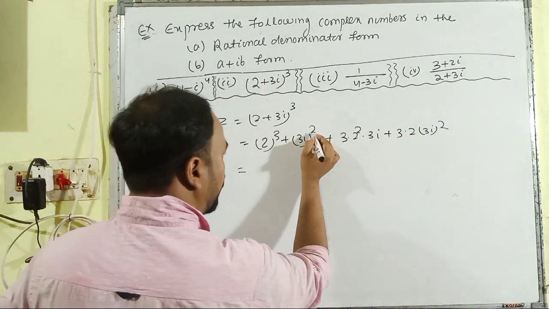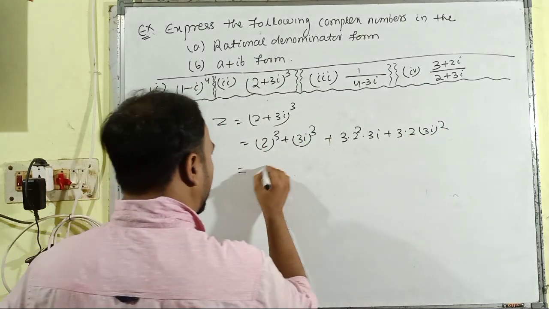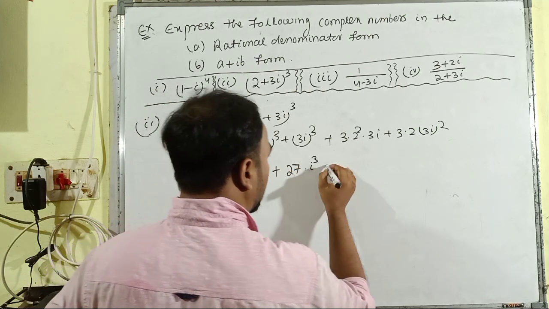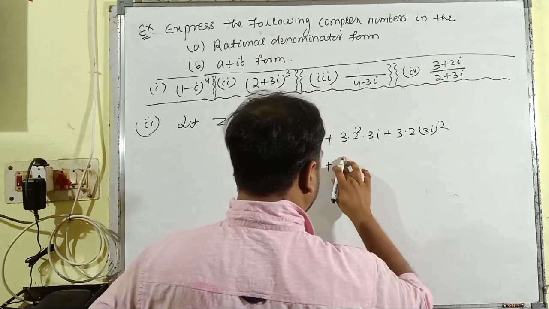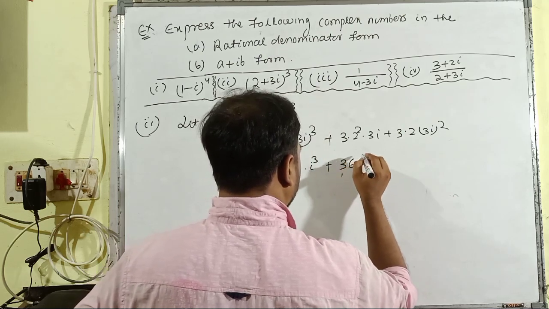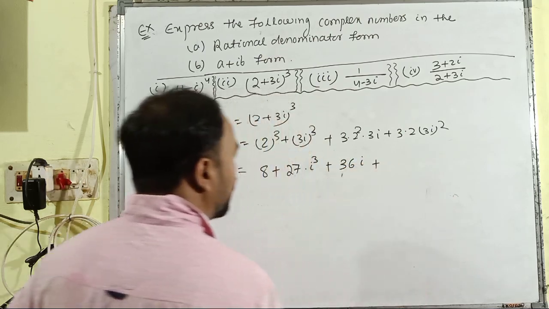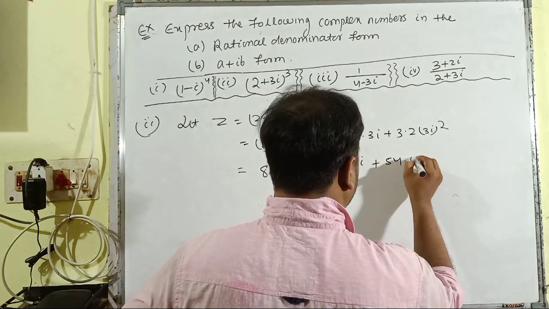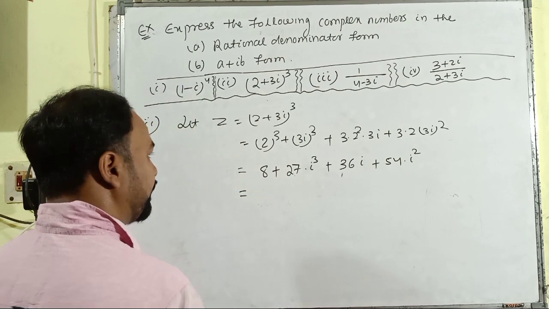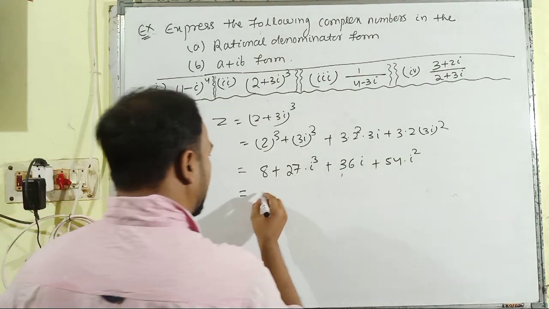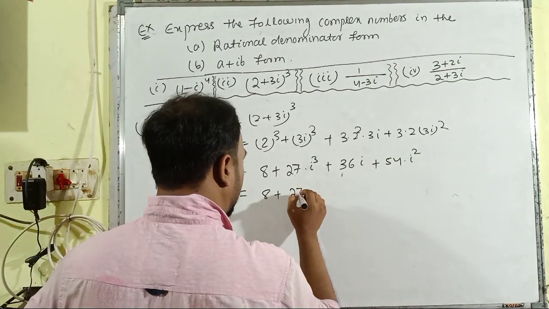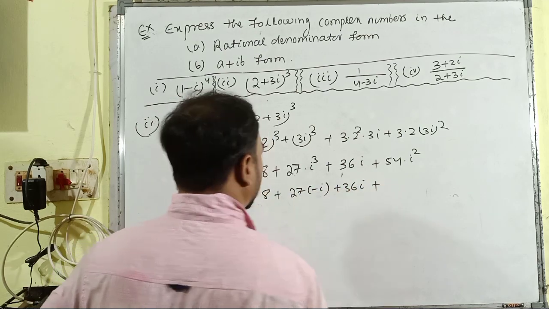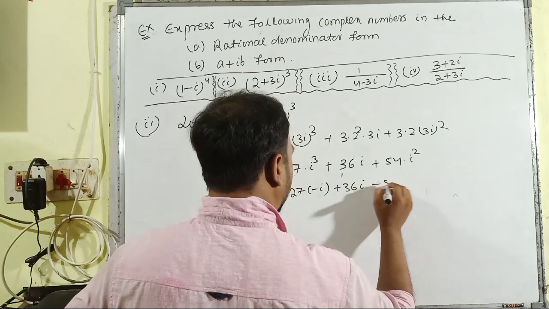Now it will be in the form of 8 plus 27i cube, then 12 into 3, it is 36i, plus 9 into 6, that is 54i square. Then it will be 8 plus 27 into minus i plus 36i plus minus 54.